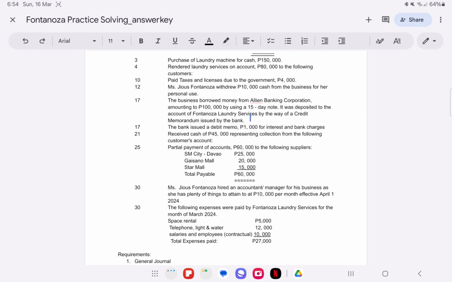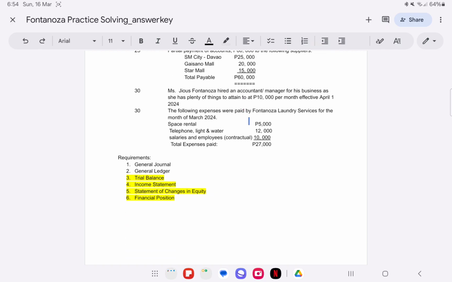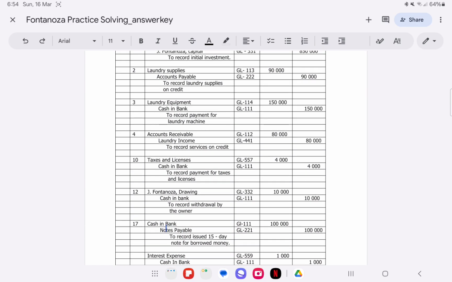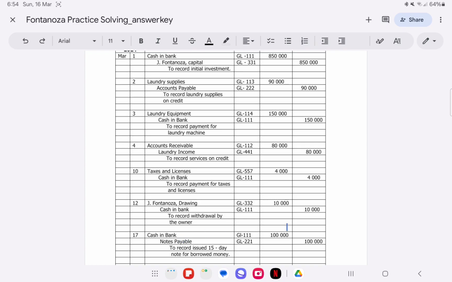So 100,000 pesos. Let's check the journalizing. You receive cash in bank, debit GL 111, 100,000, credit notes payable 100,000, GL 221, and to record issued 15-day note for borrowed money.